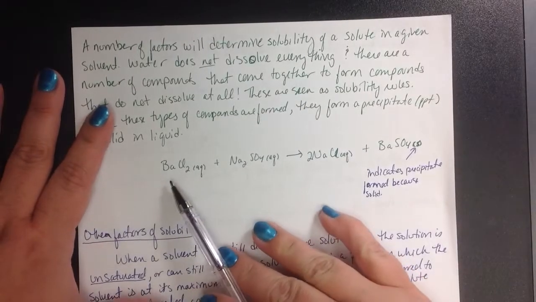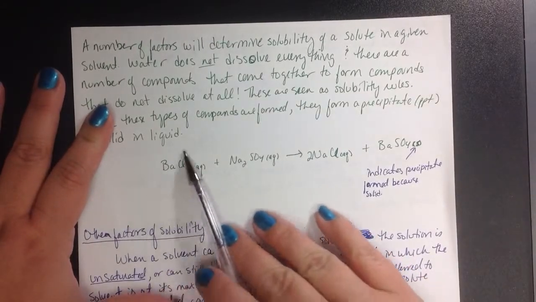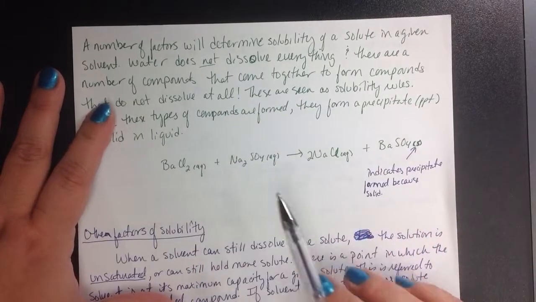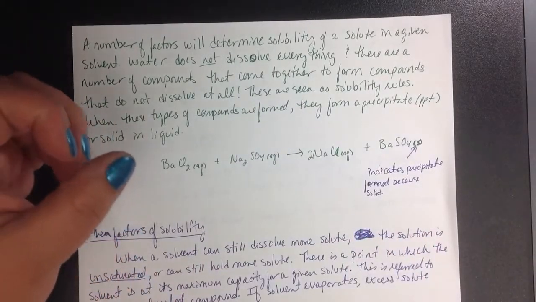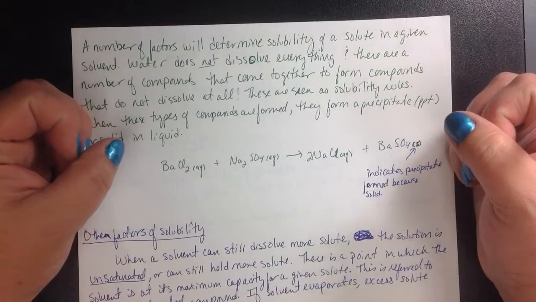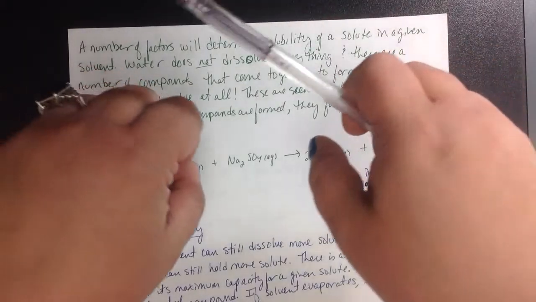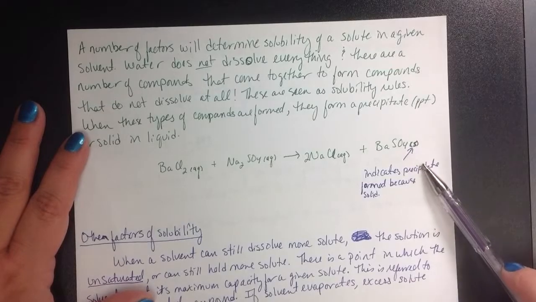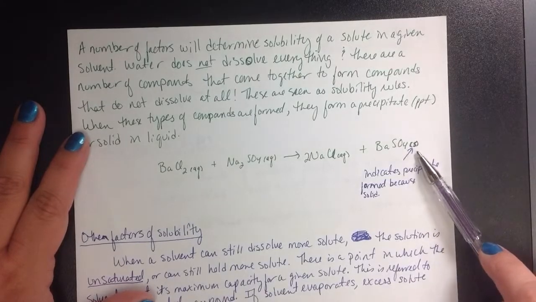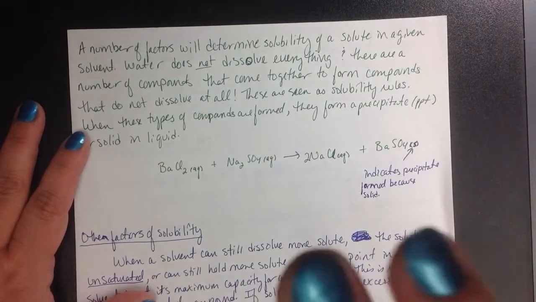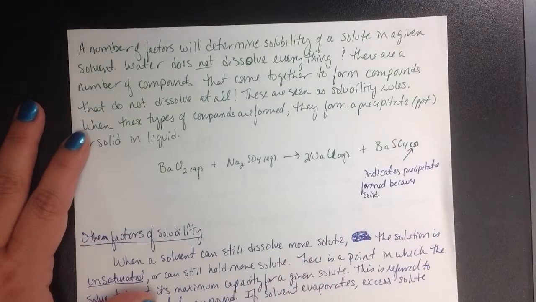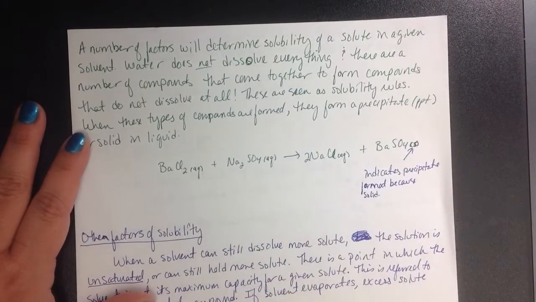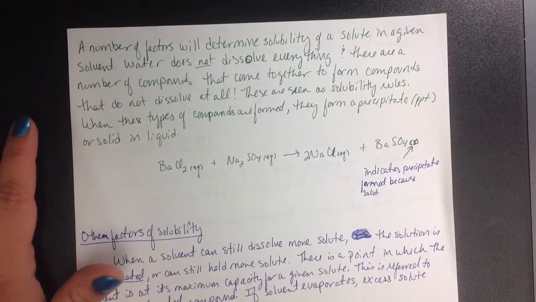Okay, so let's say that we have an aqueous solution of this guy, an aqueous solution of this guy. So I have something that looks like water on this side, and I have something that looks like water on this side, and I pour them together. And what they give me is a solid. This is going to look like a cloud of stuff, sort of snow, coming down like a snow globe. That indicates that that is a precipitate.